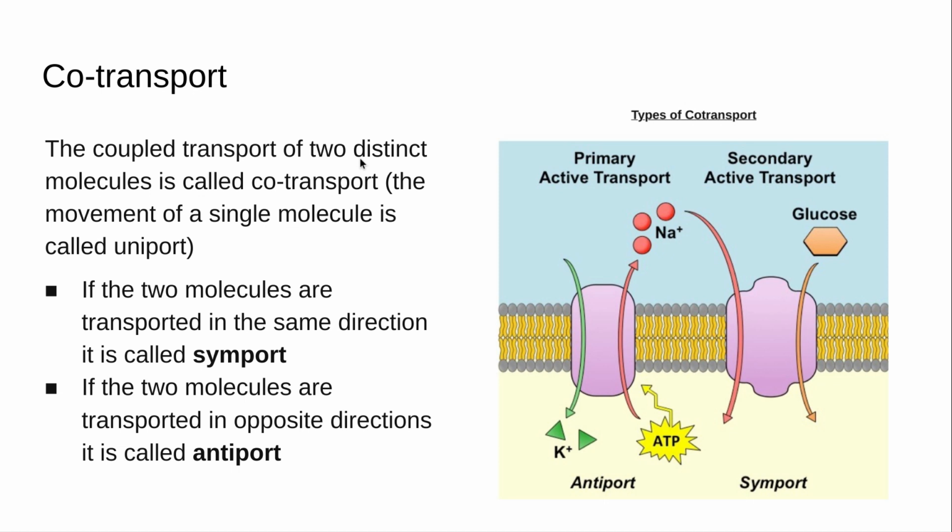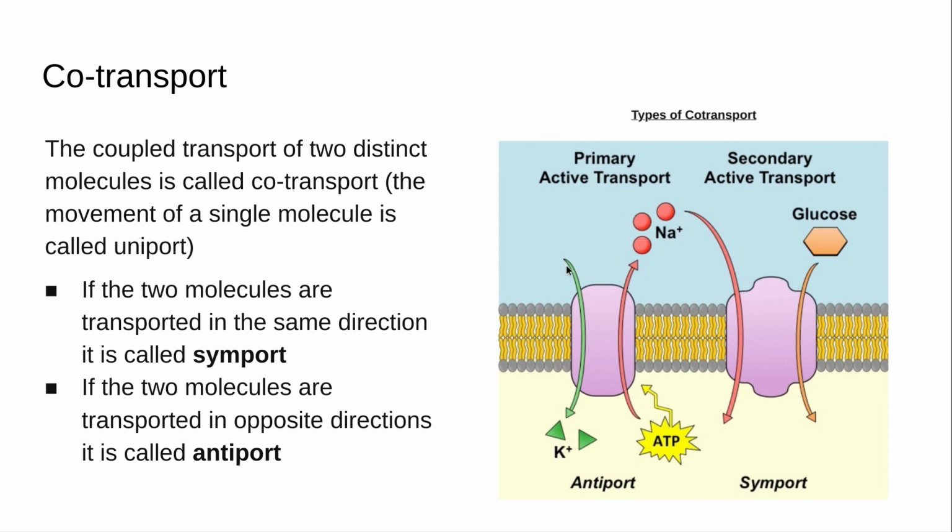In secondary active transport, basically what is happening is you have ATP creating a change in the protein because of the energy it releases, and that causes the movement of ions from one side to the other side. What that does is create an electrochemical gradient, meaning there is charge on one side and less charge on the other side.